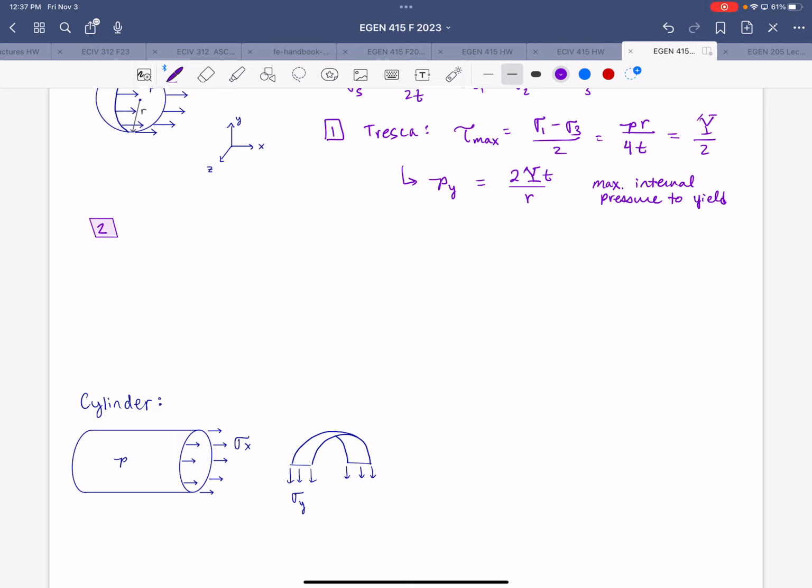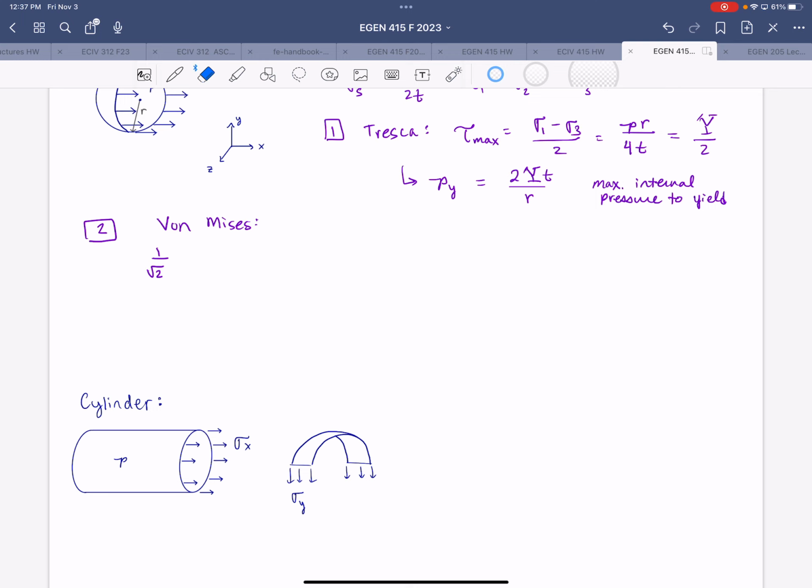Now let's see if we apply the von Mises criteria, will we get a different result or the same result? So we'll set up our equation for the effective normal stress.